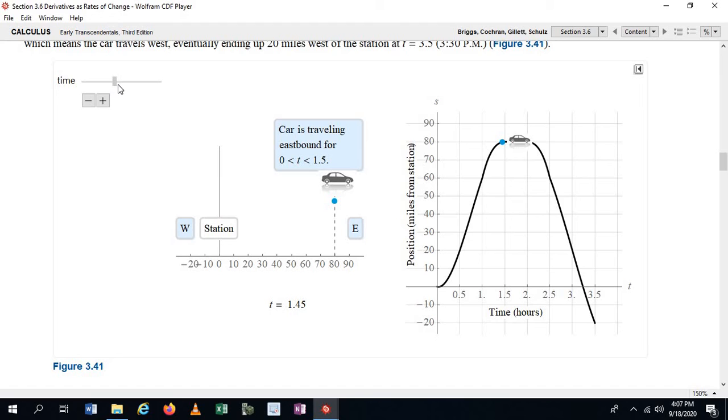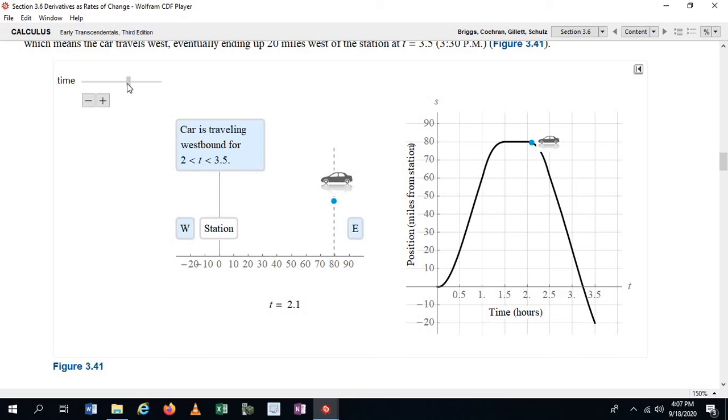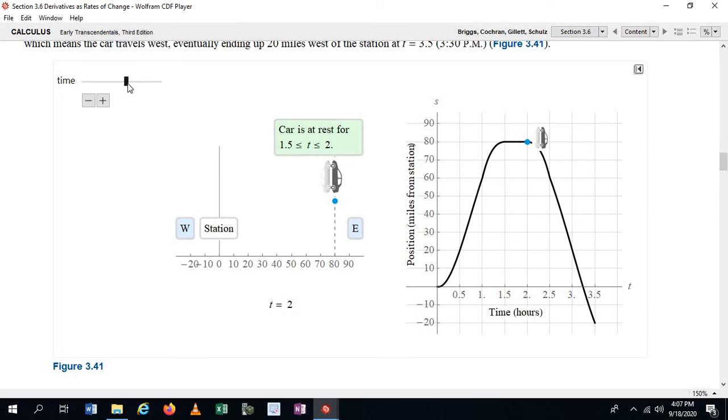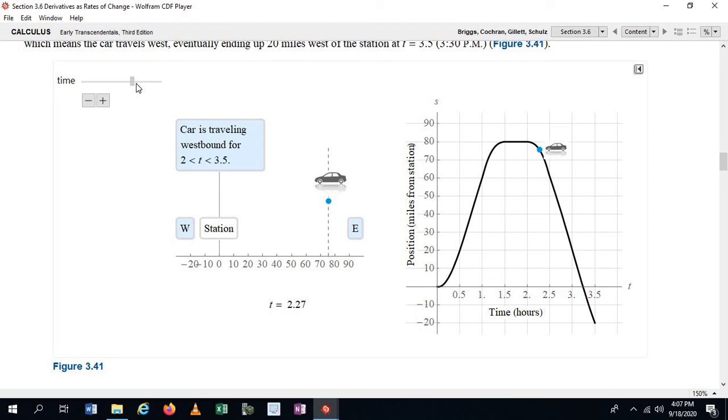And then it stays at the 80 mark for about a half hour. And then it begins to start heading towards the west until it goes back to position 0 on the number line, which is the police station.